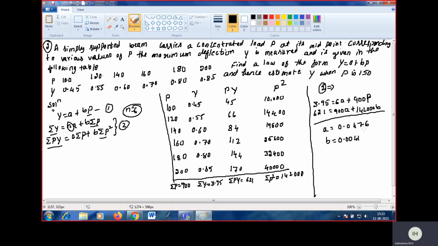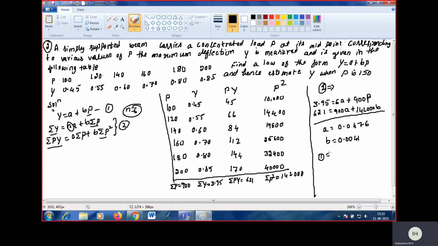Round it off to 4 decimal places. A value will be 0.0476 and value of B is 0.0041. Now substitute A and B values in equation 1.